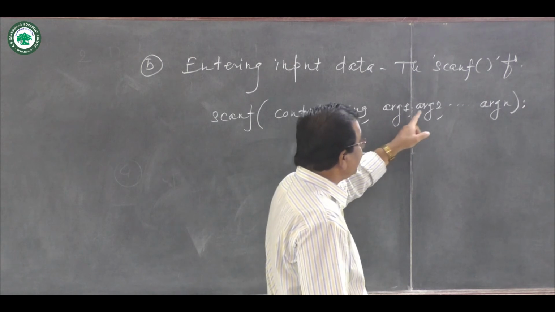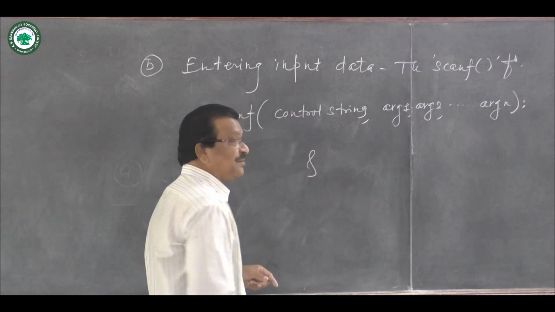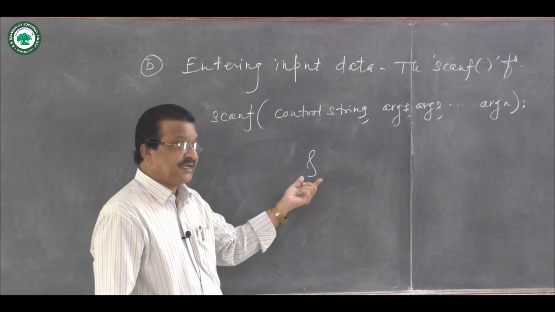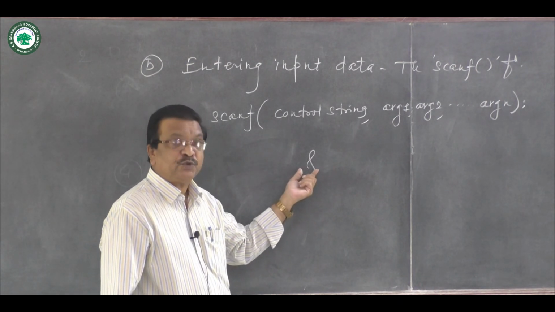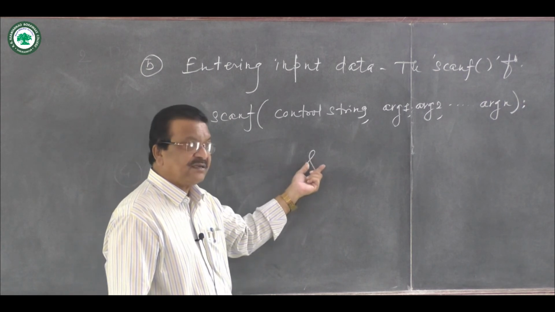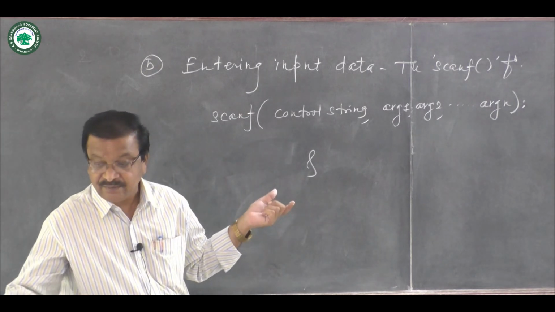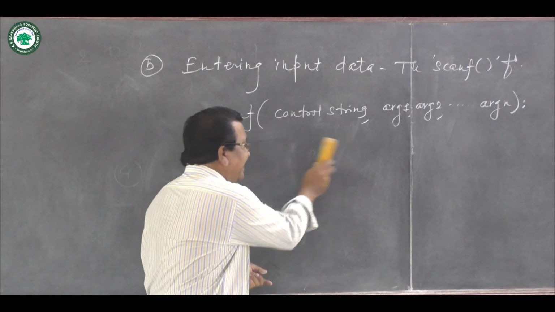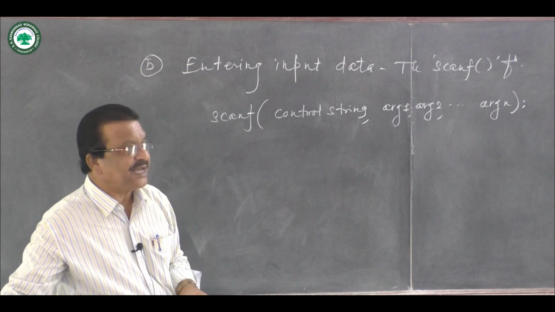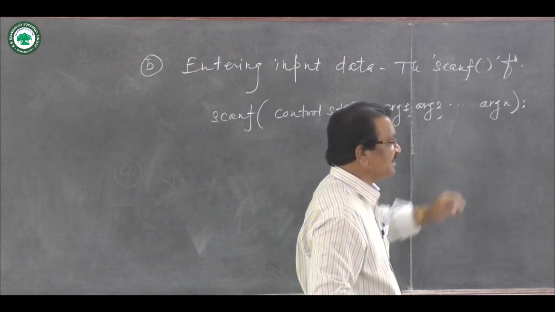These arguments are preceded by an ampersand sign, which is to be interpreted as the address of operator. At the address of that, this particular data item is to be stored. But remember, an array name doesn't take the ampersand sign, and all these arguments are separated by commas.